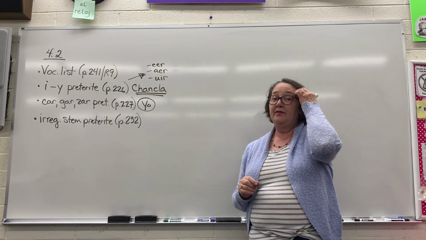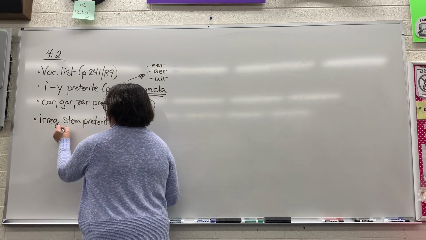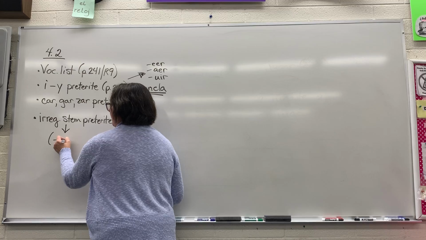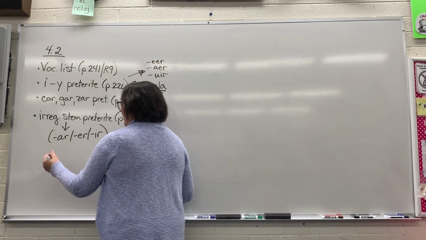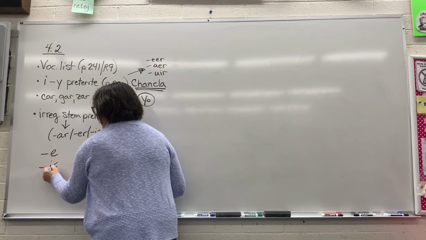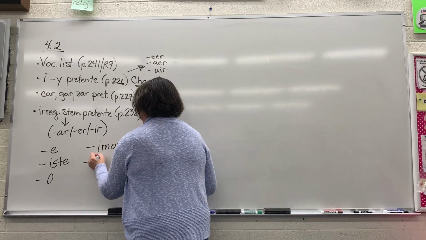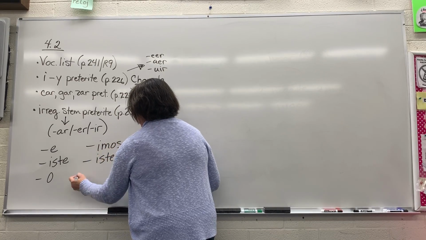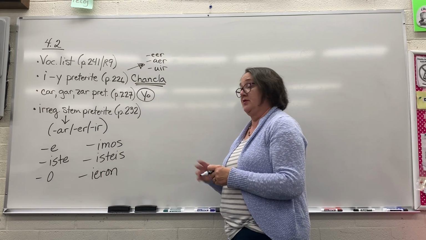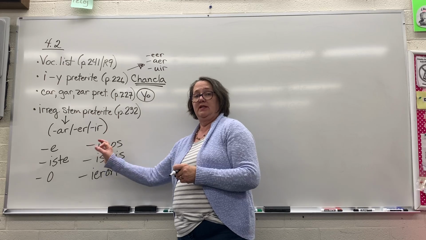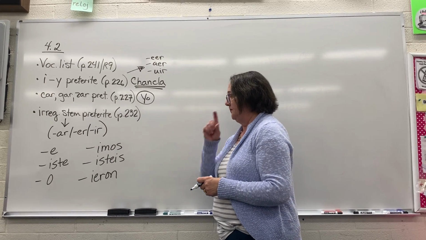But they're the ones that have these strange combined endings. So these little guys, their endings are like putting AR, ER, and IR together. So remember we had estuve, estuviste, estuvo. So you might have remembered those. For example, estar is estuve, estuviste, estuvo, estuvimos, estuvisteis, estuvieron. So we've had those.